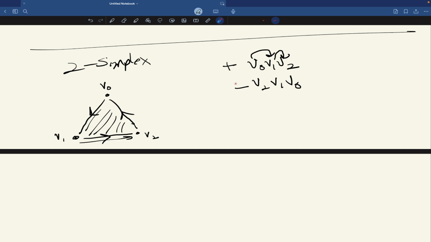So whenever you reverse any two vertices, the sign gets flipped. And if you do that an even number of times, then the sign will stay positive. But if you do such a reversal an odd number of times, the sign will become negative.